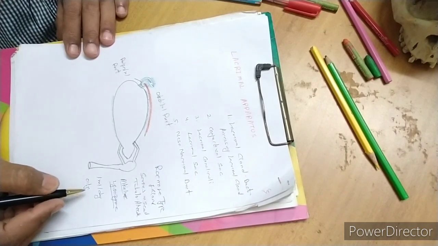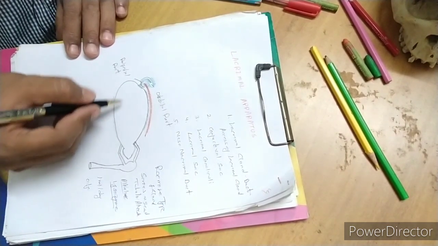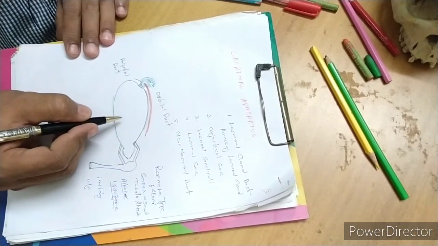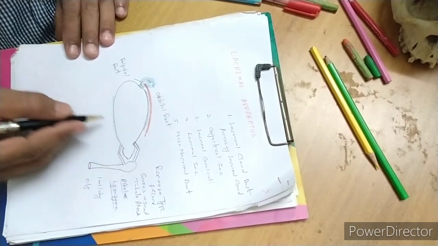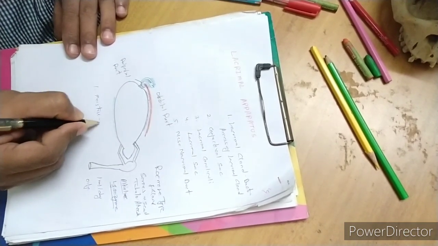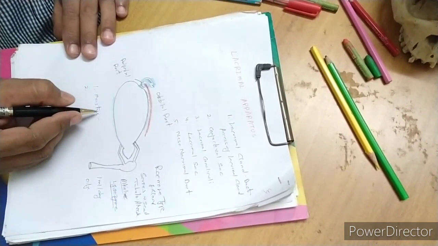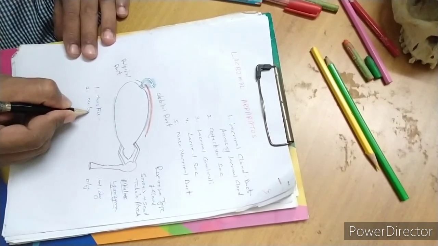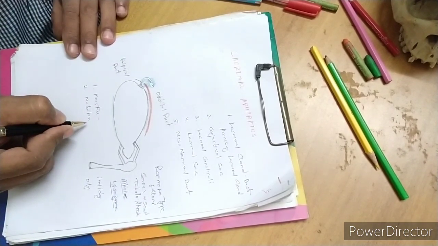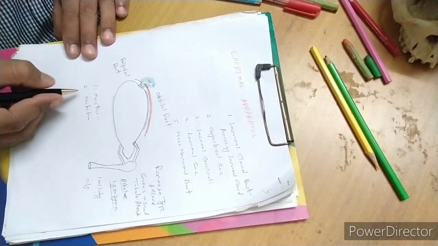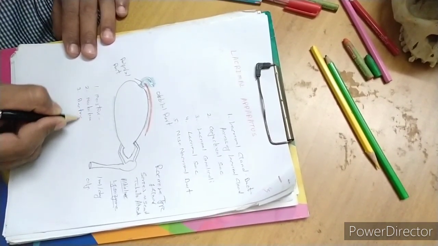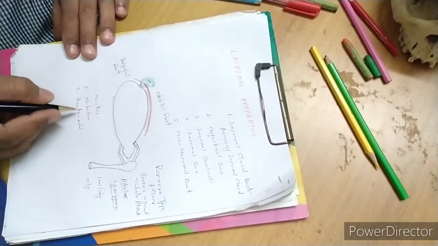The function of the tears: first, it flushes the conjunctival sac and keeps the cornea and the conjunctiva moist. Second, it gives nutrition, or nourishment, to the cornea. Third, it is bactericidal due to the presence of lysozyme.